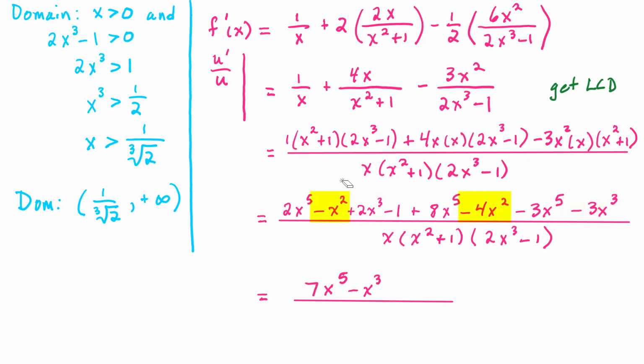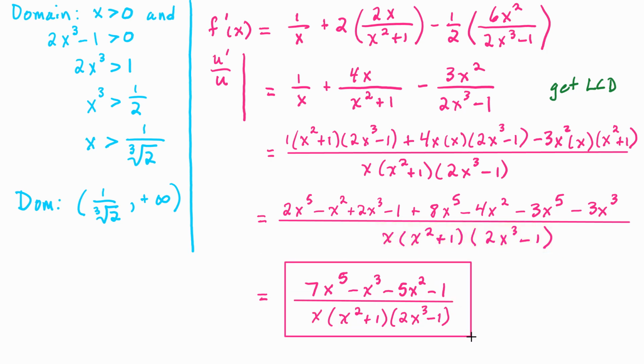A negative x squared minus 4x squared means subtracting 5x squared. And then we have just this single constant term, minus 1. And in the denominator, we have x times the quantity x squared plus 1 times the quantity 2x cubed minus 1. And this is our final result.